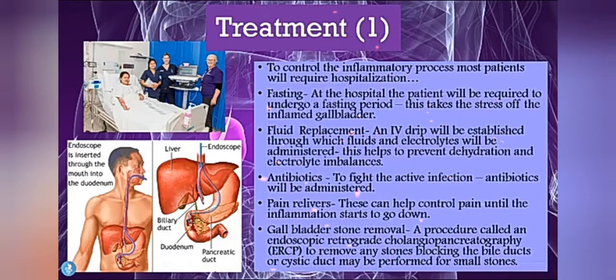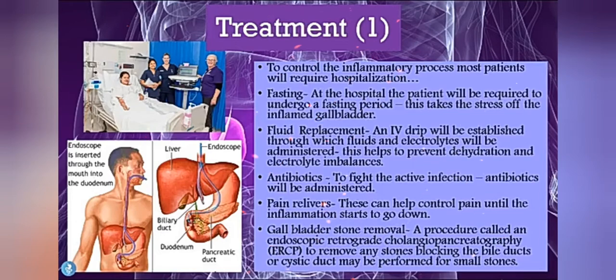We can also do fluid replacement therapy, and this is in the form of an IV drip. An IV drip will be established through which fluids and electrolytes can be administered, and this helps to prevent dehydration and electrolyte imbalances. Usually the patient with the inflamed gallbladder may also have an infection locally at the site of the gallbladder.